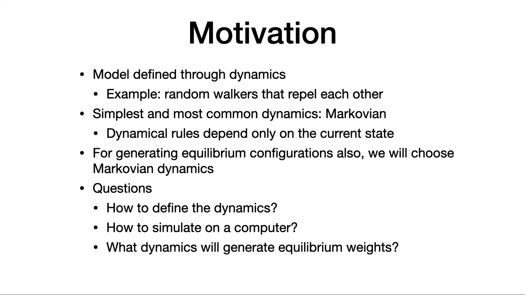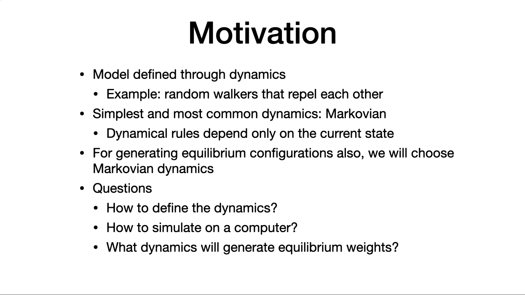Then we have to introduce some dynamics to make the system evolve. And since we already decided that we need a probabilistic description, the dynamics will also be probabilistic. So it will be a stochastic process that evolves in time. If I give you the configuration now, I do not know the configuration at the next time step, but only probabilistically.